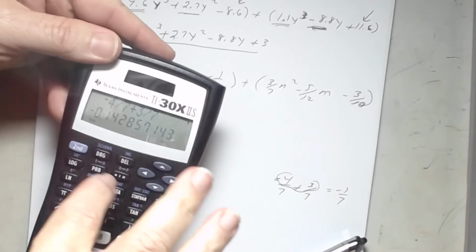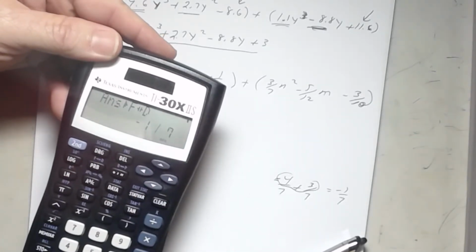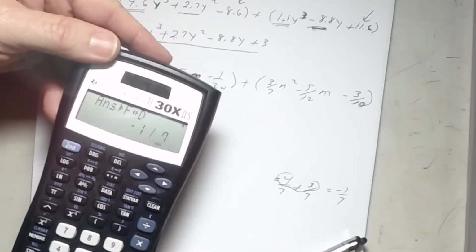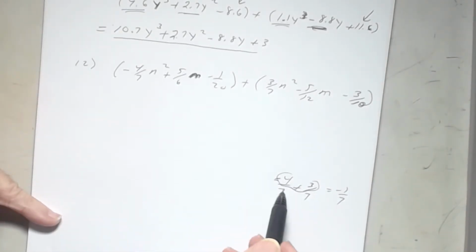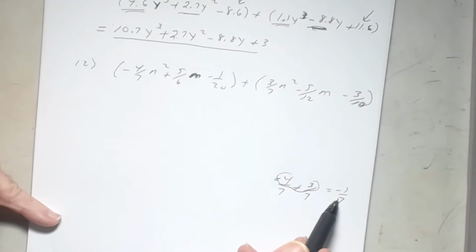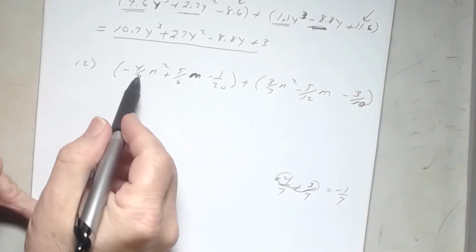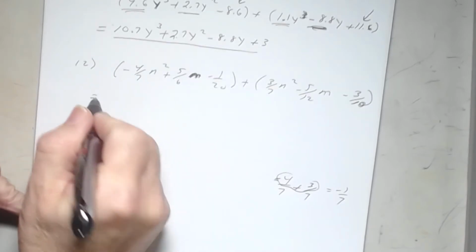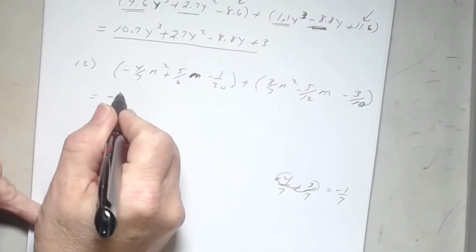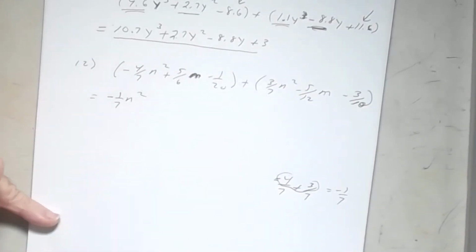So second PRB, equal, and you get negative 1/7. Okay? So the negative 4/7 plus 3/7 is negative 1/7, but that means that negative 4/7 n squared and a positive 3/7 n squared is going to give me what? N squared. All right.